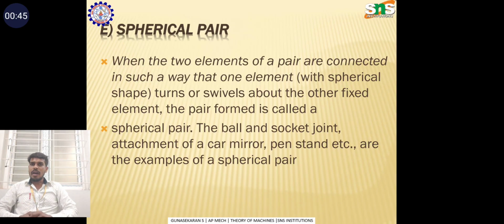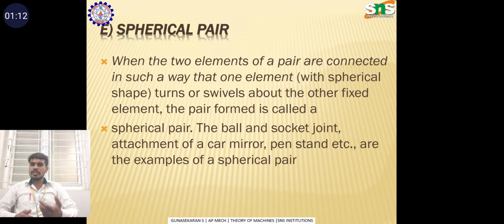This pair allows the component to move with spherical motions, meaning one part can rotate freely in all axes while the other is fixed. The motion is constrained to the surface of a sphere, and this pair is used in applications where three-dimensional rotational movement is required.